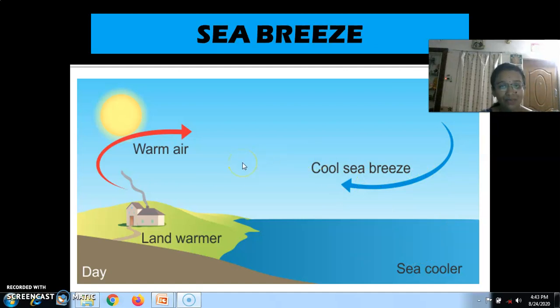The hot air's density reduces, but in the cooler air the density is higher. Due to this density difference, the hot air moves towards the sea and the cool air moves towards the land. This movement is called sea breeze. Shall we go to the next one, children? Yes.